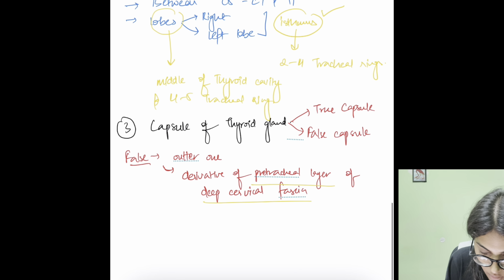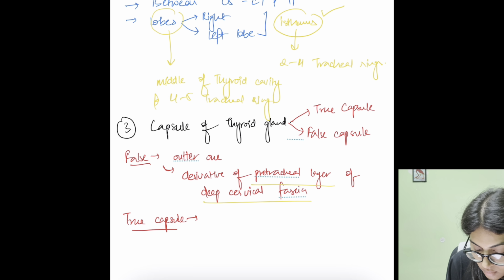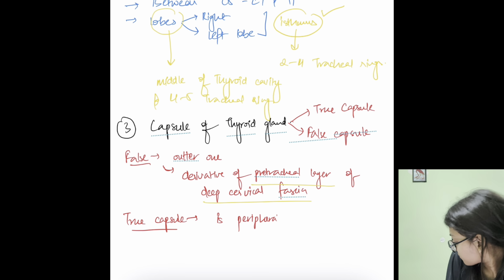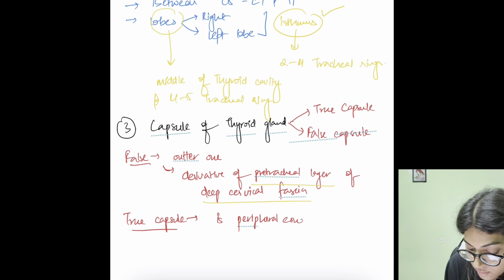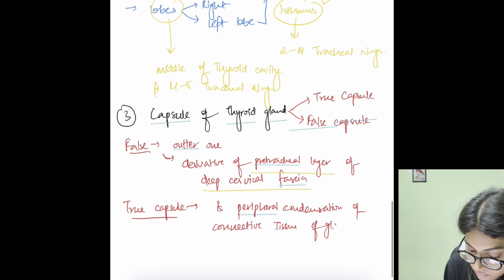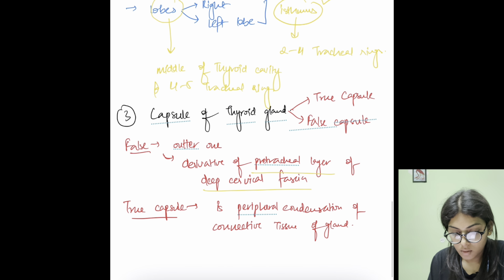And if we talk about the true capsule, it is a peripheral condensation of the connective tissue of the gland.